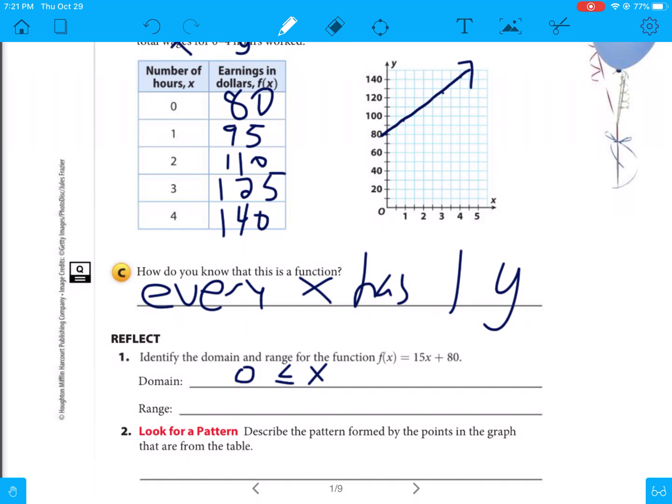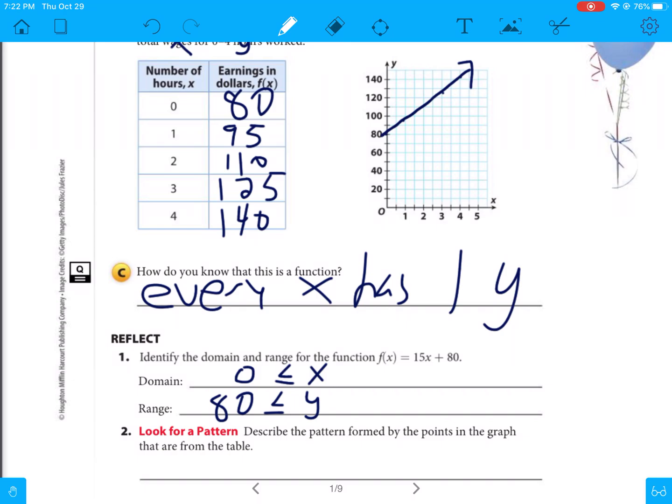Now your range. If you look at that graph, you can never go lower than 80. So it's going to be 80 less than or equal to y. You can go anything greater than 80, or it could also be 80. So your range is all real numbers greater than or equal to 80.